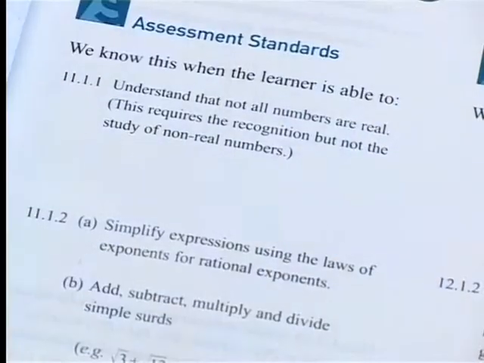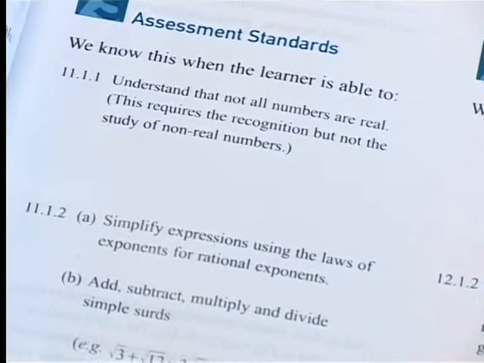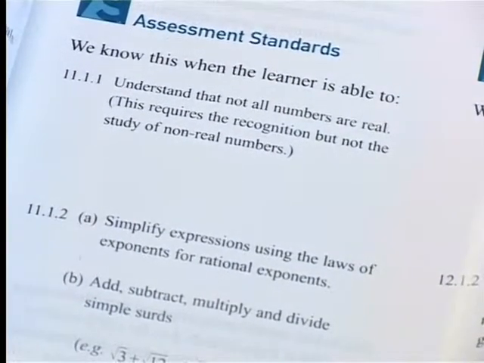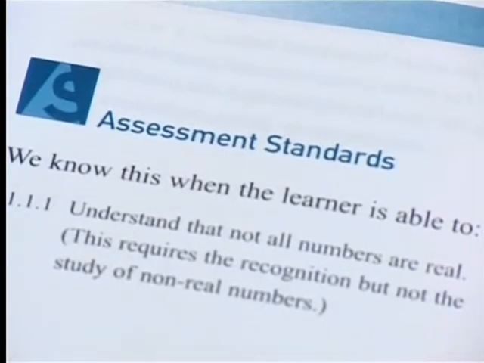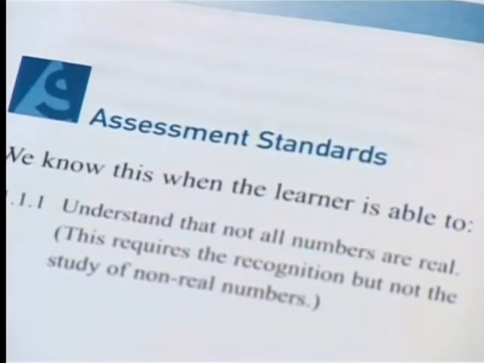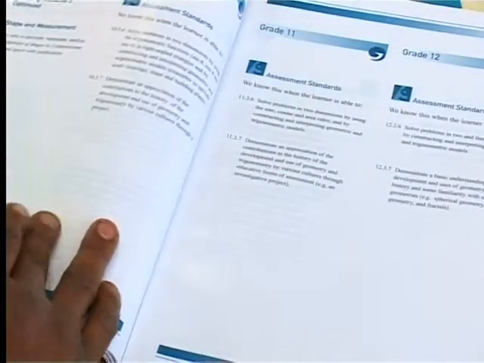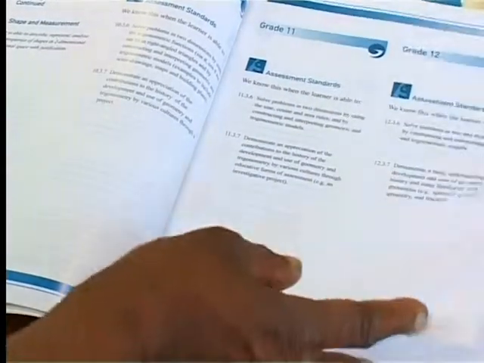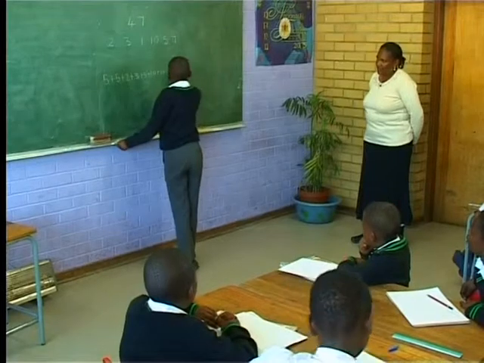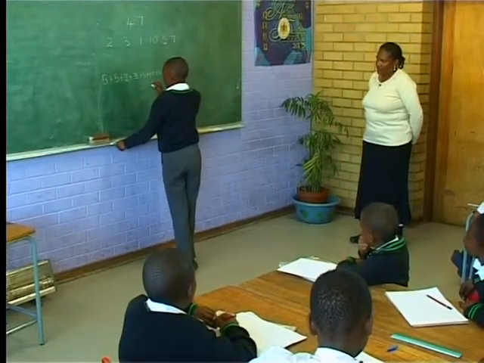What do the assessment standards tell us? Is that what we should hope for or aim for? The assessment standards stand for the minimum levels of achievement that the learners need to achieve. The way the curriculum is presented means that the teachers need to be aiming towards the achievement of those standards as they're teaching.